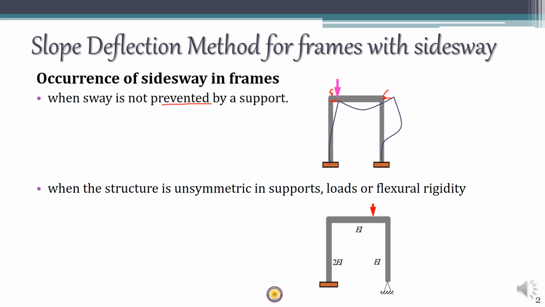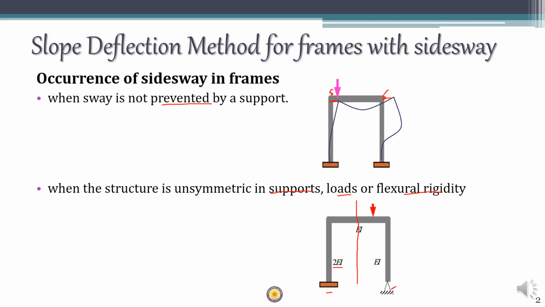Another case is unsymmetric structures, which have unsymmetry in supports, unsymmetry in loads, or unsymmetry in flexural rigidity. In this example, even though the length of the frame is the same and it can be symmetric about the center line, you can note that the support at this point and this point is not the same, which means this is unsymmetric in support.